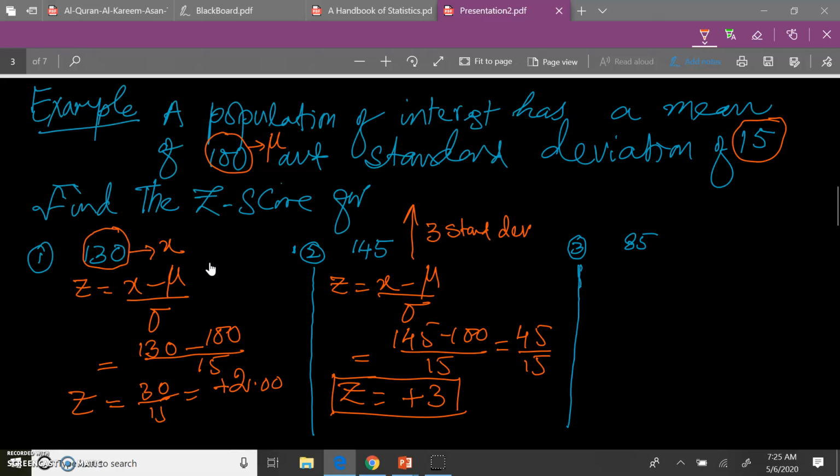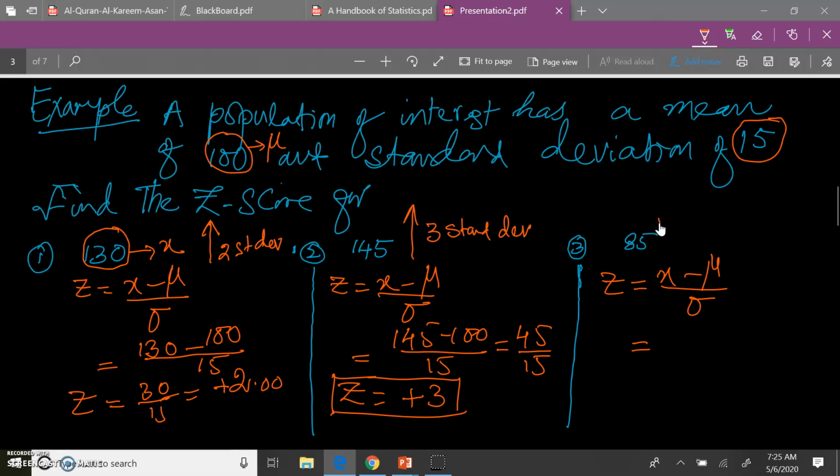The previous observation was above the mean, but how many standard deviations above? It was 2 standard deviations above the mean. Let's do the computation for the third one and let's see what happens. We have again z equal to the same formula, x minus mu over sigma.